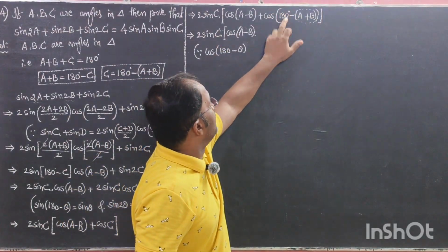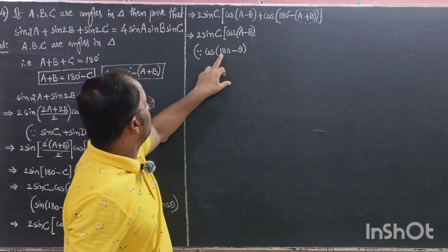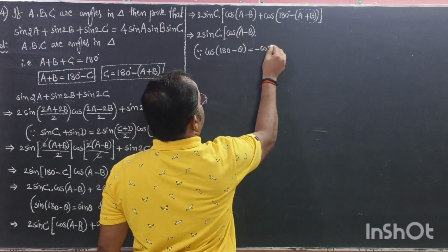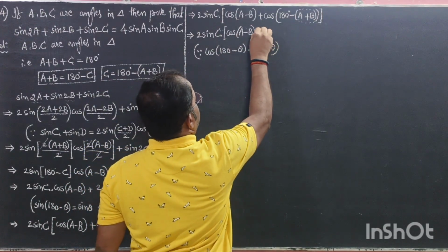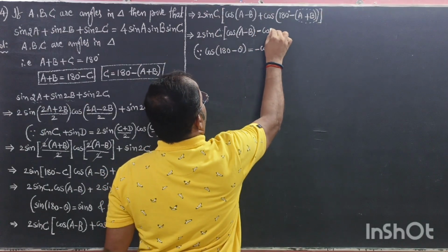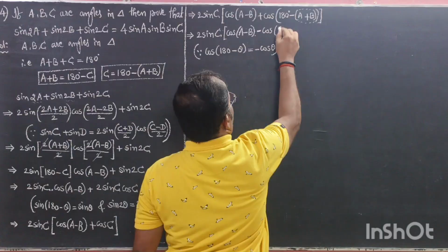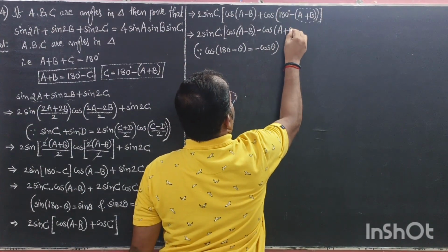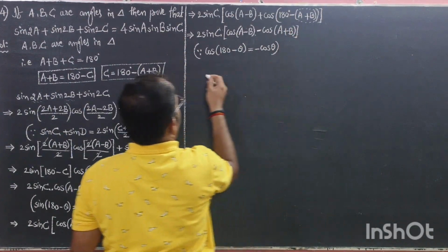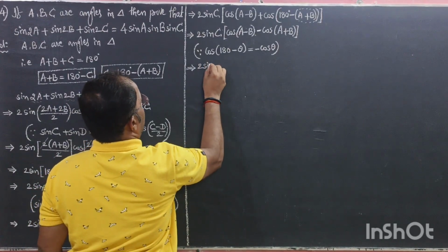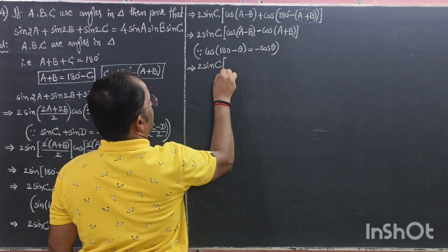So cos of 180 minus theta formula is minus cos theta. Substitute here minus cos theta. What is the theta value? A plus B. Right, this one is completed.